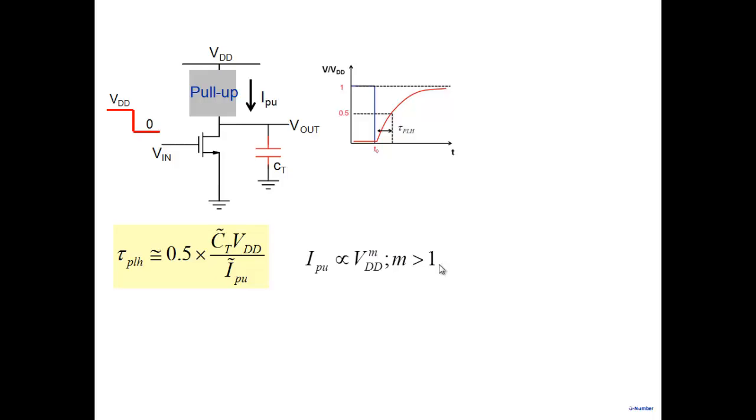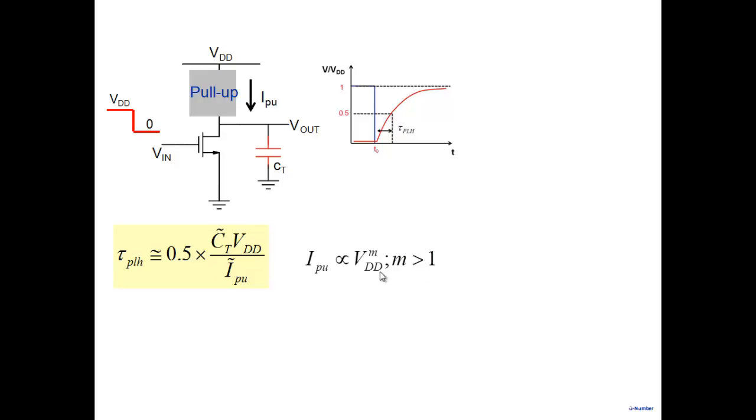For a resistor, M is 1, but if it's a transistor, M will be greater than 1. Note that if the transistor is in the saturation region, the current is a square law, so you may get something like M equal to 2. But the transistor may not always remain in saturation; it may go from saturation into linear. So it will not be a pure M equal to 2, but it will be greater than 1.